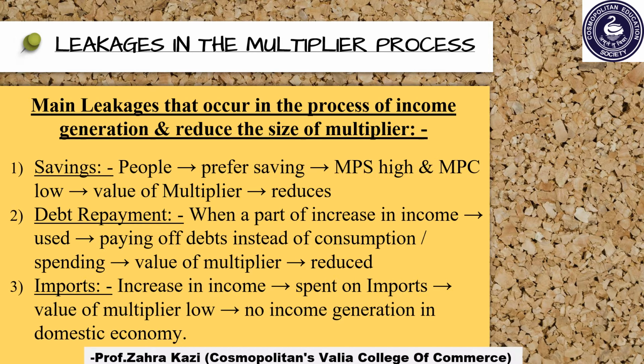So when there is a fall in income in the domestic country, this reduces the value of the multiplier. This is because income that is spent on imports will not generate any income or any output in the domestic country. It will generate income for the other countries for the goods that the domestic country has imported. Thus, the value of the multiplier will fall.